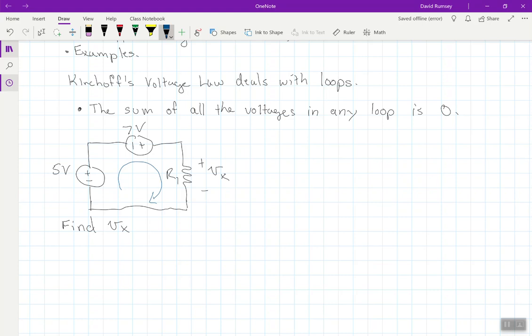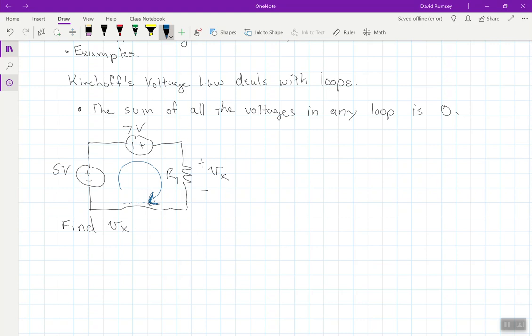And that's what we do here. We're now going to sum all the voltages, but we're going to use this arrow as the key as far as whether I use a plus or a minus sign. So I'm coming in here, and I always start with my independent power supplies, for no reason other than that's just what I do.